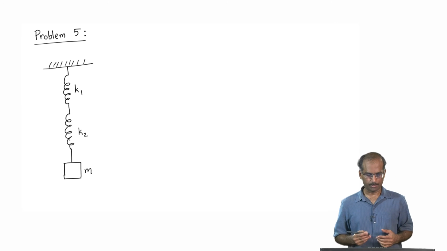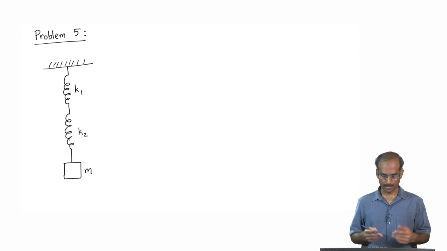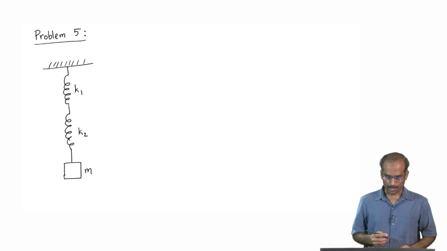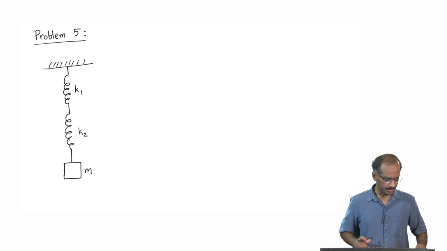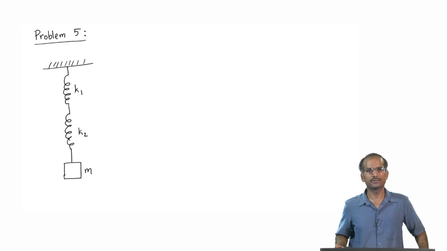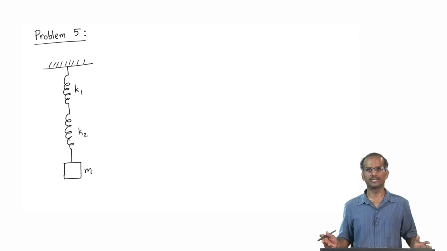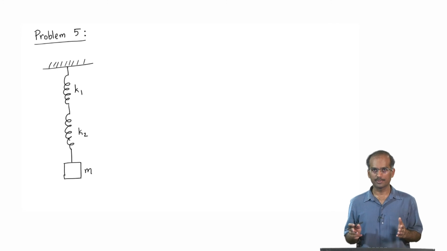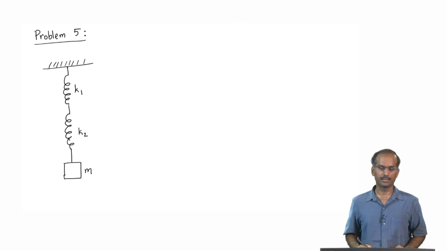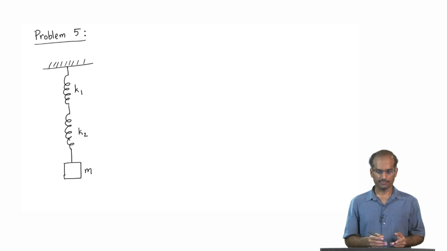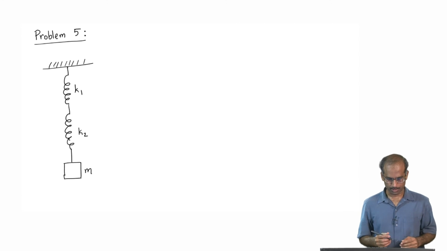I will not do this problem in full, but I encourage you to try it yourself. The key idea here is that the restoring forces on the two springs would be the same. If you use this principle, you should be able to get the time period of this system. So, I am going to leave it for you to do this problem.